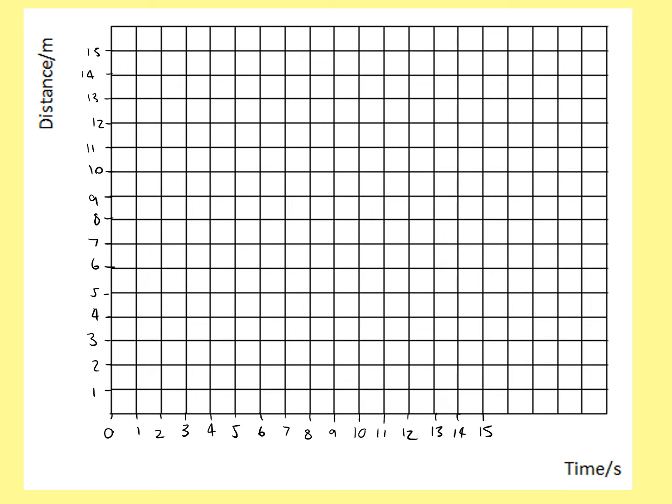Okay, let's have a look at another graph. So there are 2 sections to this graph. Section 1 that I've just put up and section 2. Now, there are a couple of interesting things we can do with this graph. The first thing is we could work out the speed of the object or person in this first section, so from down here to up here.